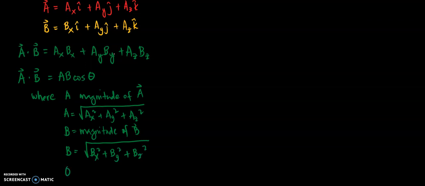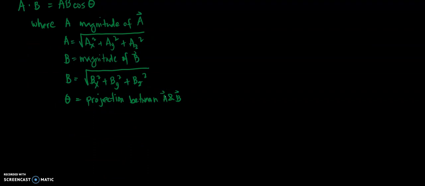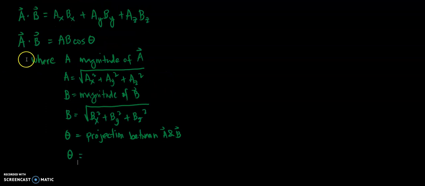And theta is the angle between vector A and vector B, which we can solve from this formula, A dot B is equal to AB cosine theta.